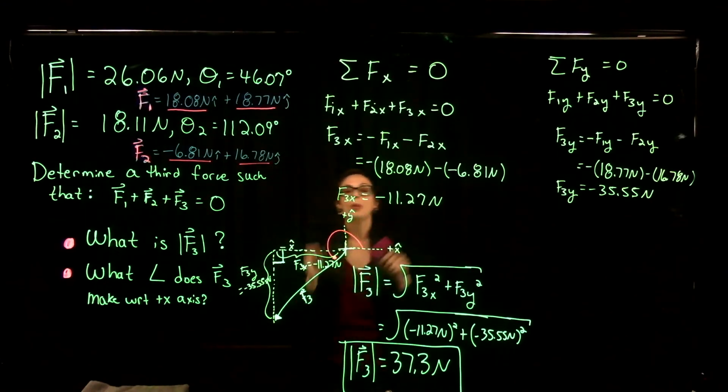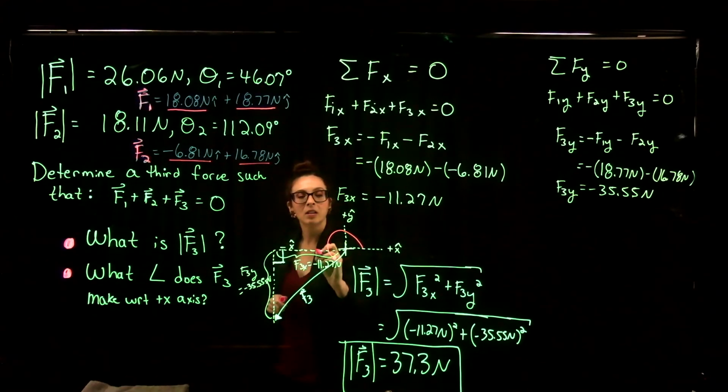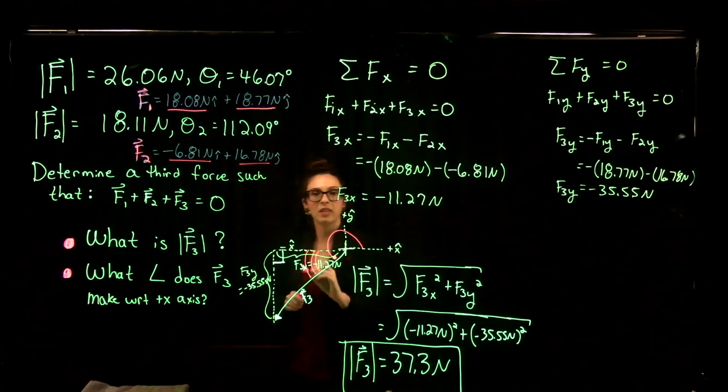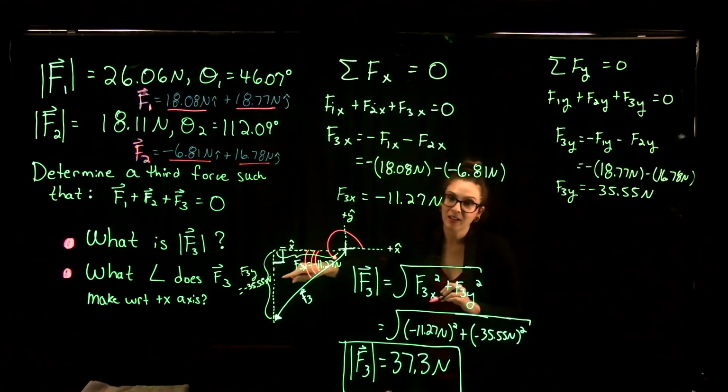So what we can do is find this angle right here, the one I just drew with the three arches, and add it to 180 degrees. That gives me the angle with respect to the positive x-axis.